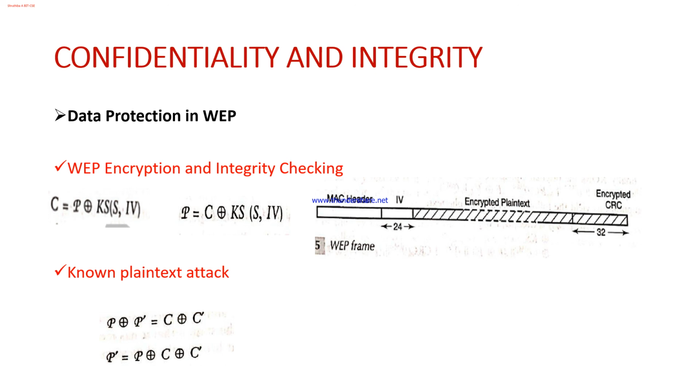Say, for example, in any two communications, the same initialization vector has been used. Suppose the attacker has managed to get two ciphertexts, C and C dash, where the same initialization vector is used by the sender.